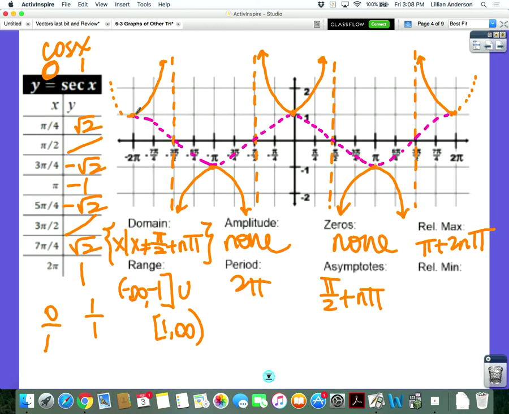Every 2 pi, starting at 0. So every 2 pi, starting at 0. Say 0 plus 2 n pi, or you can just say 2 n pi. Graphing them, you've been doing it. When you graph sine and cosine, all you got to do is draw in the asymptotes. Wherever there's a high point, draw a min. Where there's a low point, draw a max.